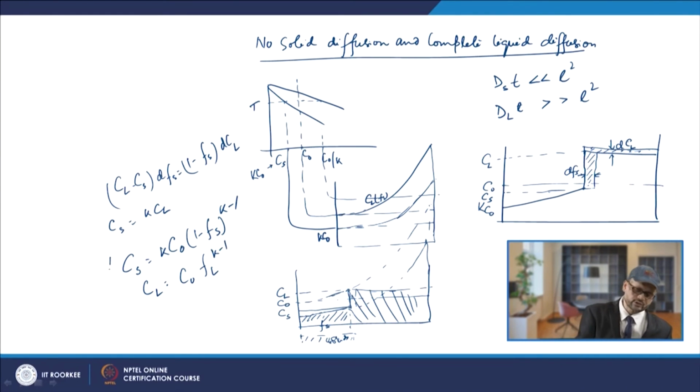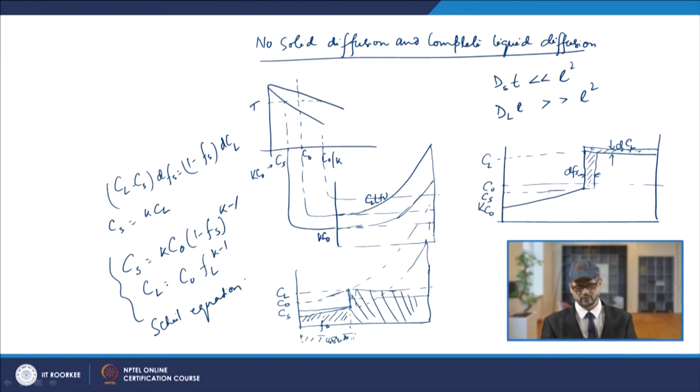These two equations, to find CS and CL, are known as the Scheil equation. This is the solute redistribution equation.